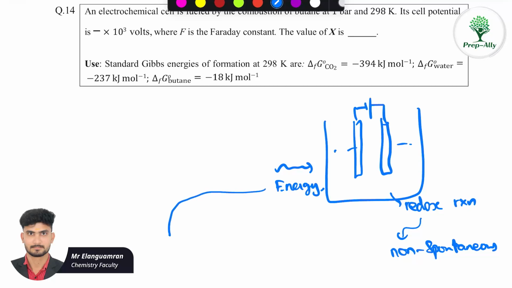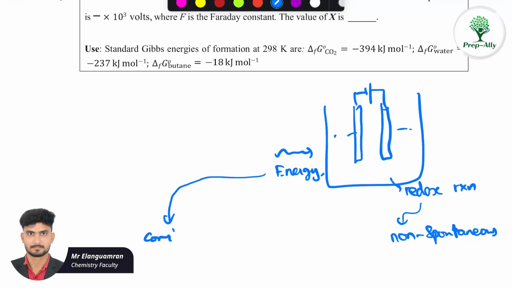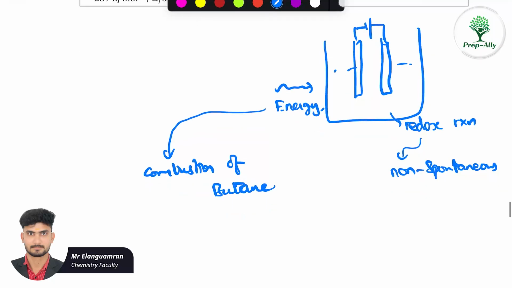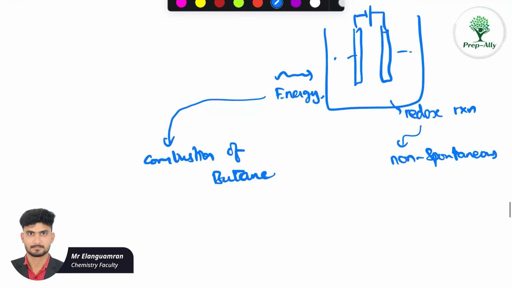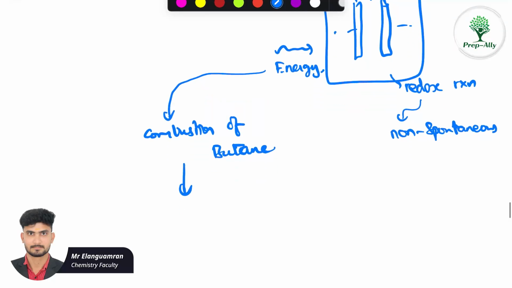So this energy is derived from the combustion of butane. If we find how much energy is going to be given out by the butane combustion, then I can find the cell potential for this cell. So for combustion of butane, first write the equation.